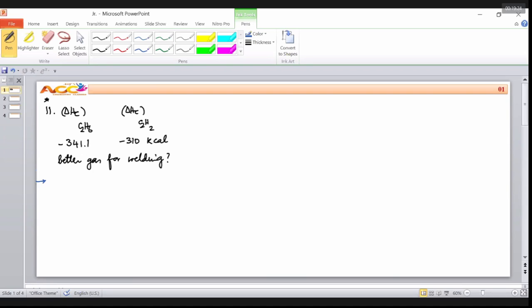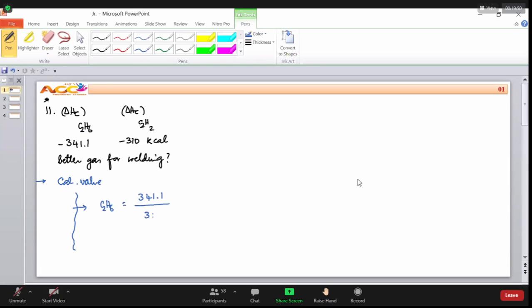Therefore, calorific value of ethane is equal to, we talk about magnitude only, 341.1 divided by molecular mass, 24 plus 6, 30. Calculate it, you get some number, alpha.